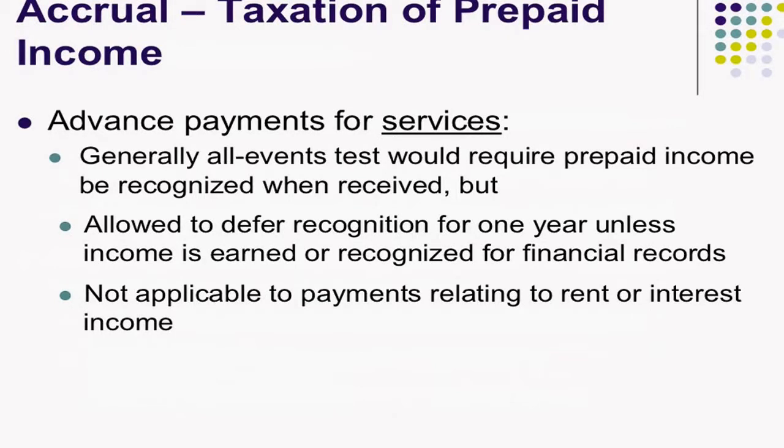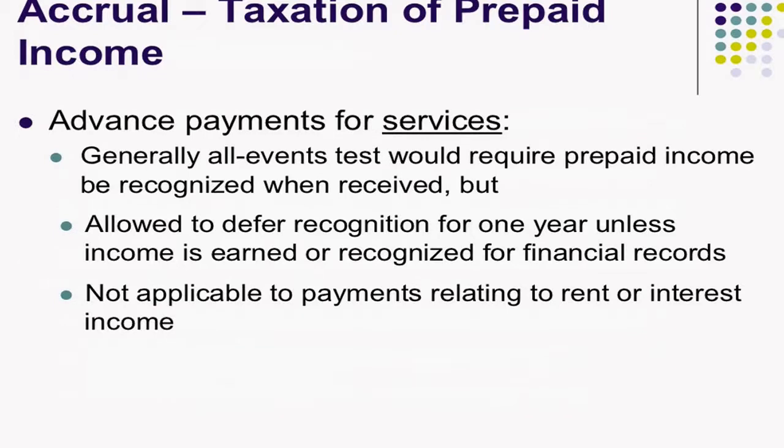But there's an exception under the code that allows you to defer recognition for 1 year, unless you're recognizing that income for your financial records. If you're recognizing that income under GAAP, then for tax purposes you have to recognize the income as well. You can't have a disparity there. But in general, you get to defer recognition for 1 year after the activity happens if it's not recognized in your financial records. This doesn't apply to rent or interest income. Those are handled differently. Those are different kinds of animals.